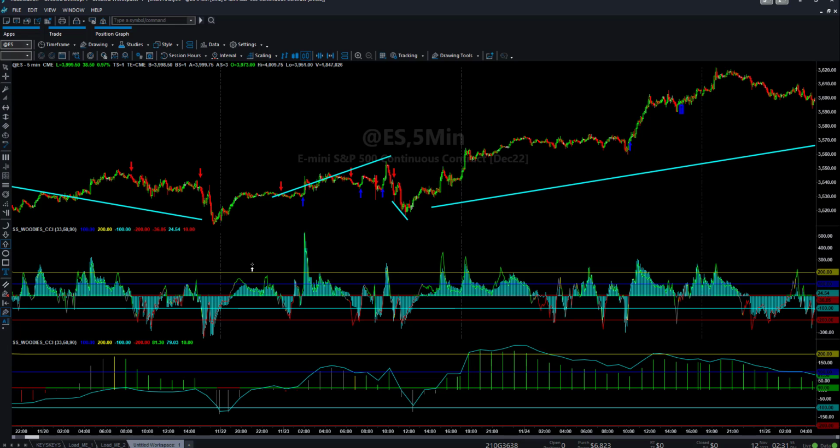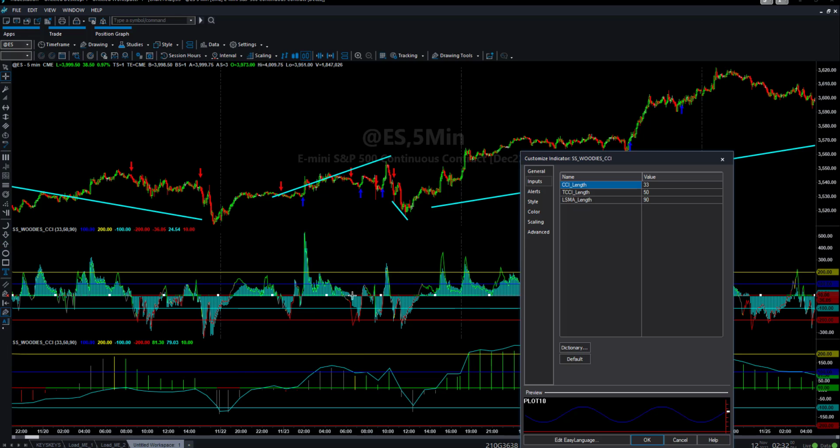There's nothing stopping us from changing the settings if you don't like this or if you have different ideas. So let's say a CCI length of, now this is 5 minutes, we can go much faster. We can go 9, 29, 50. We can go to 14, that's fine.